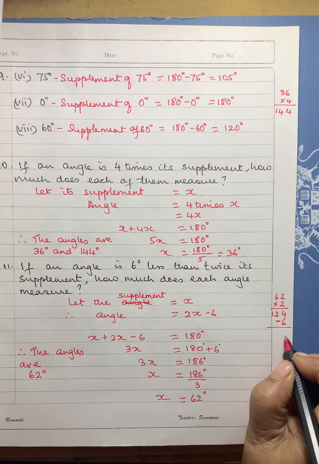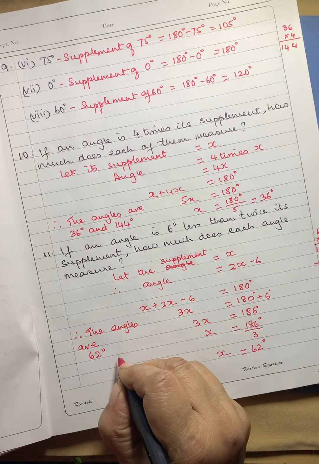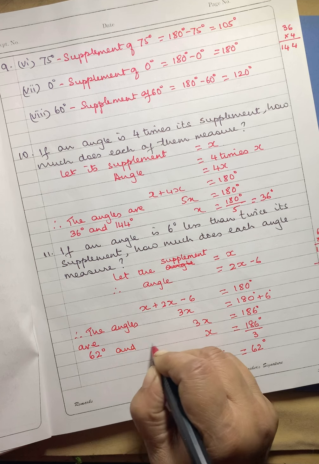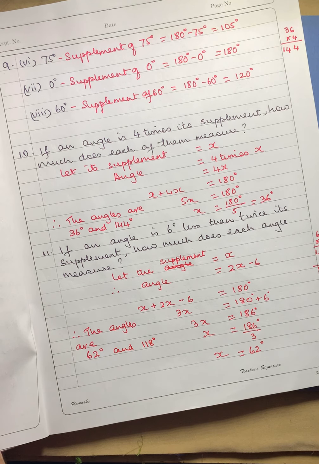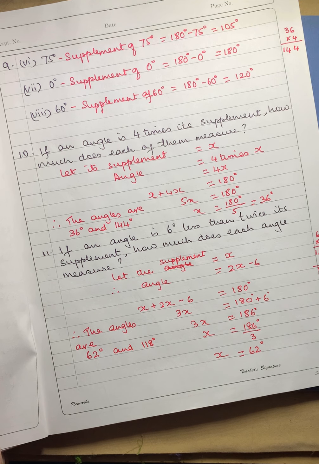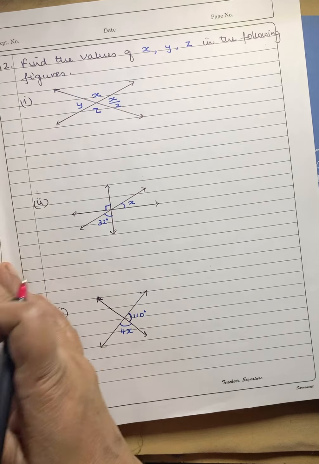So your other angle will be 118 degrees. Now add these two, you will get 180 degrees. That is number 11. Now the last question, very quickly we will do it.